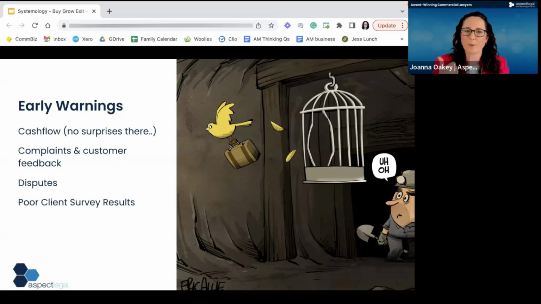That can be reporting systems, making sure they understand the finance, those sorts of systems. But they can also be customer feedback, client survey results, and disputes. As soon as disputes occur in a business, one of the things I say to our clients is, okay, we need to resolve the dispute, but that's not the key thing for us.